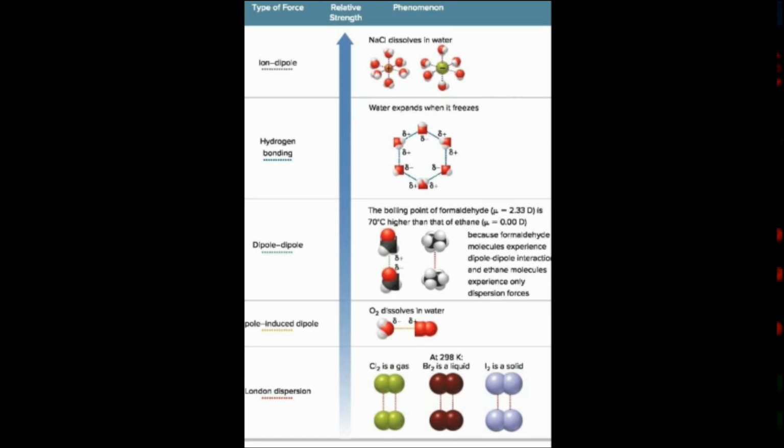This is why we've got ions dissolving in water, like sodium chloride. Otherwise, sodium chloride wouldn't dissolve in water. For example, calcium carbonate, marble, or a stone doesn't get dissolved in water.